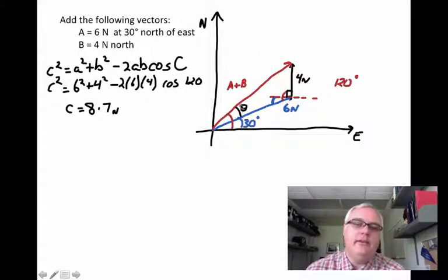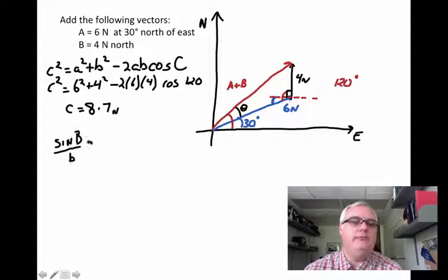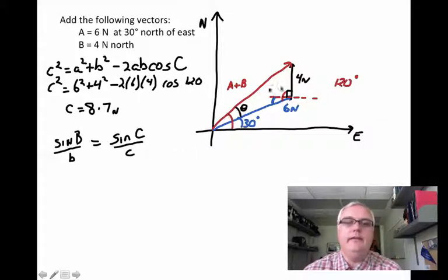Now, to find this little angle in here, we're going to use something called the sine law. And the sine law means that I can take any two sides. In this case, I'm using sine of angle B and side B, and setting that equal to the sine of angle C and side C, because I know this angle, and I know this side, and I know this side, and I'm looking for this angle.